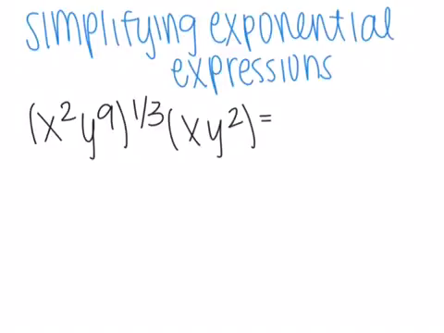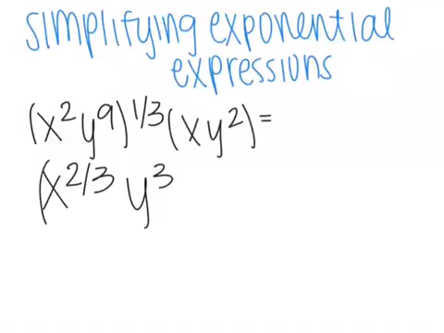Next we have simplifying exponential expressions. So if we have x squared times y to the 9th, to the 1/3 power, times xy squared, we can distribute the 1/3, and when we distribute the 1/3, we're multiplying the exponents, so that will be x to the 2/3 times y cubed, because 9/3 is just 3.